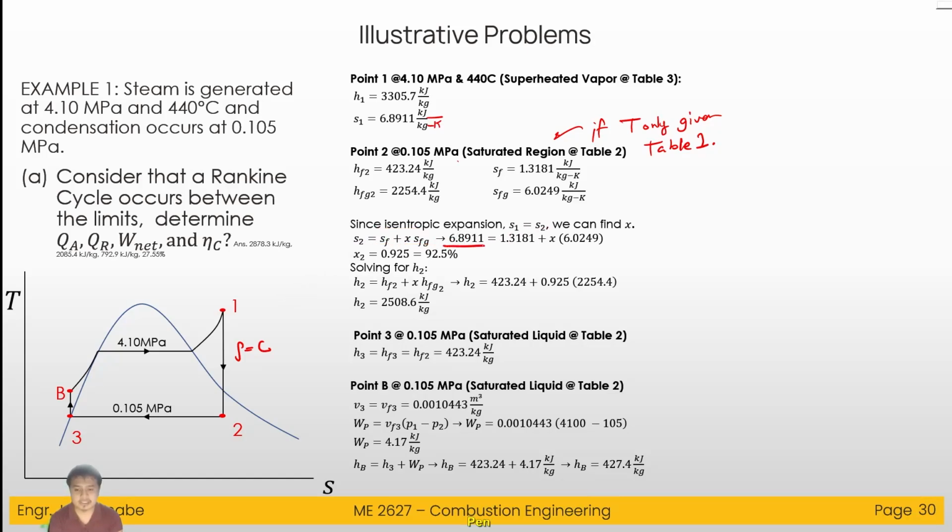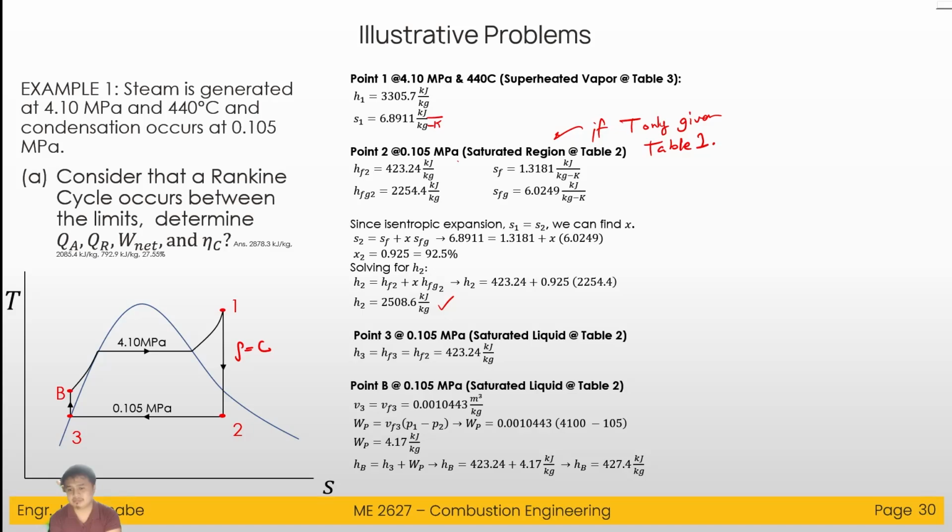Equate this to Sf plus X Sfg to find X, the quality. After finding the quality, given Hf and Hfg, you can find the enthalpy at the exit.